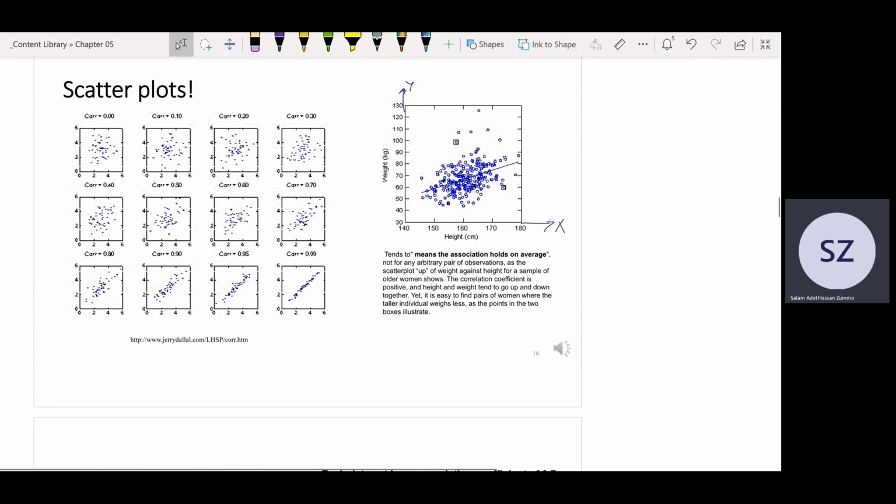Now we stopped at this scatter plot, and we said, okay, now if we are collecting results, for example, we have 2 students and we'd like to see the performance of the 2 students in different exams.